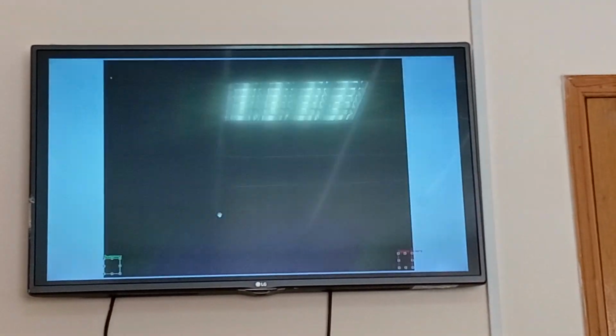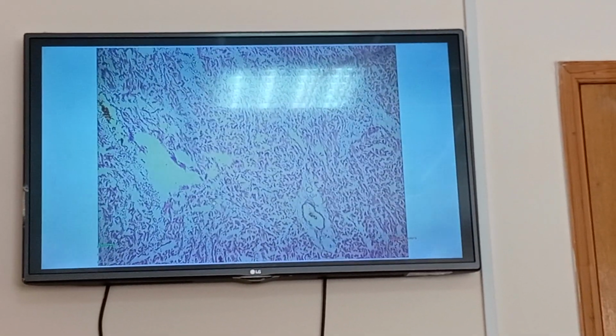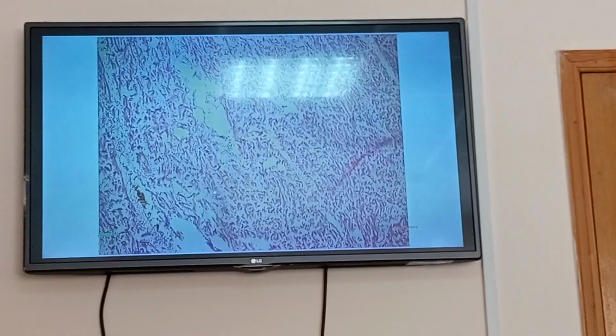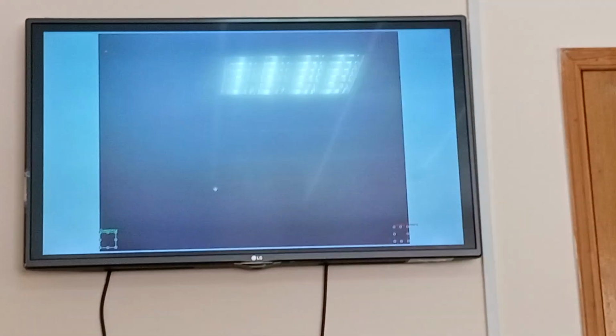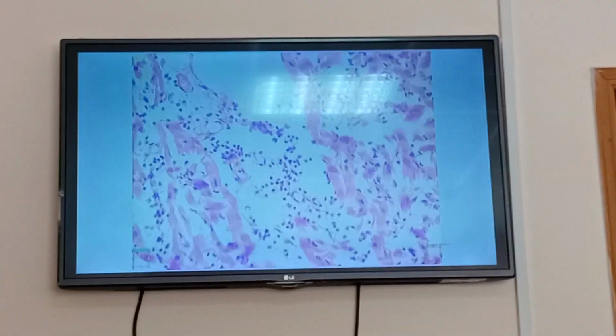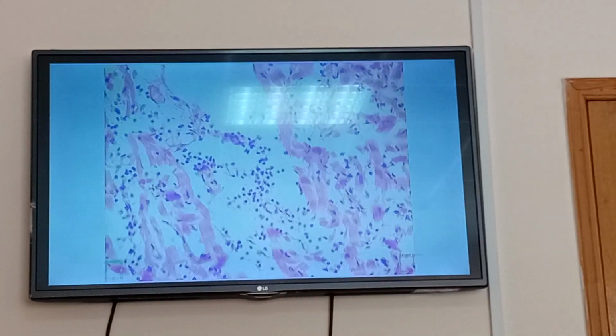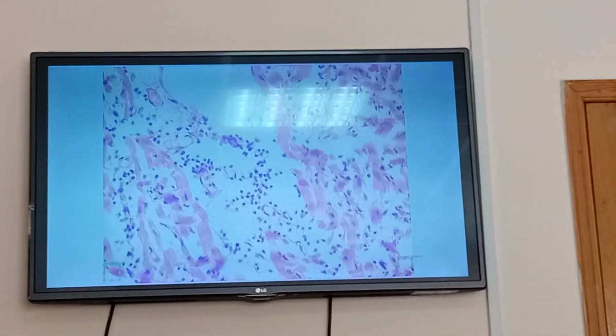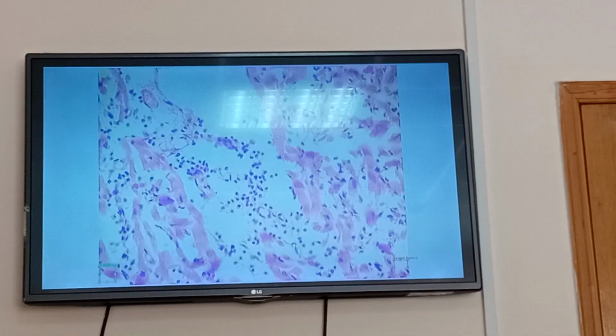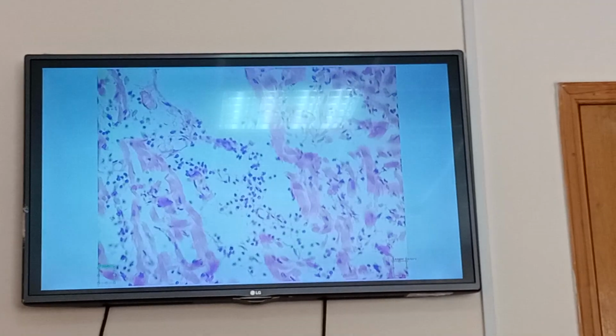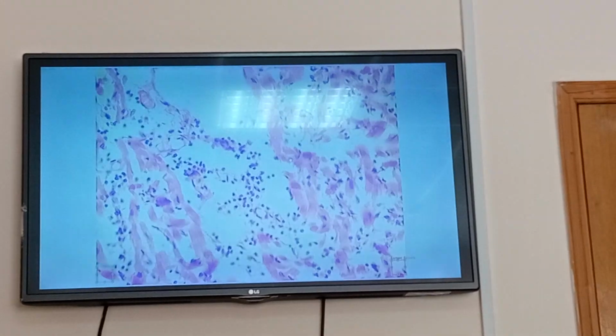Myocardium. Heart. Cardiac myocytes. Between cardiac myocytes, we can see, first of all, spaces, meaning there is fluid, exudate, and infiltration by inflammatory cells, neutrophils, suppurative myocarditis and necrosis of the cardiac myocytes.